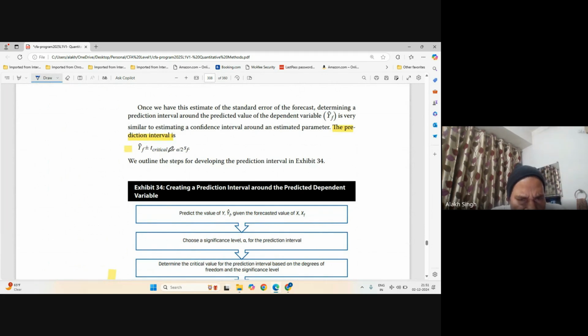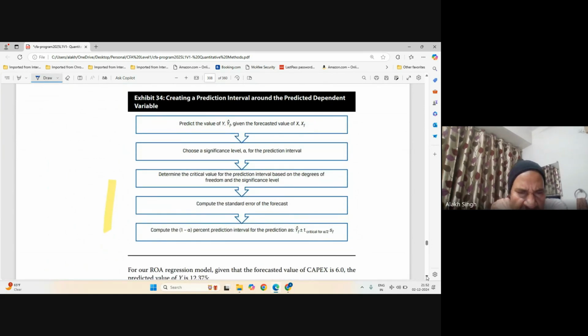Then we take the critical value of t for 95% confidence level, depending upon how much it will be. So it tells us to predict the value of y as yf hat given the forecasted value xf. Xf is given, and on that you predict. Then choose a significance level alpha, which will be 5% or 1%, or confidence level 95% or 99%. Then determine the critical value of the prediction interval, that is 1.96 if it is 95%.